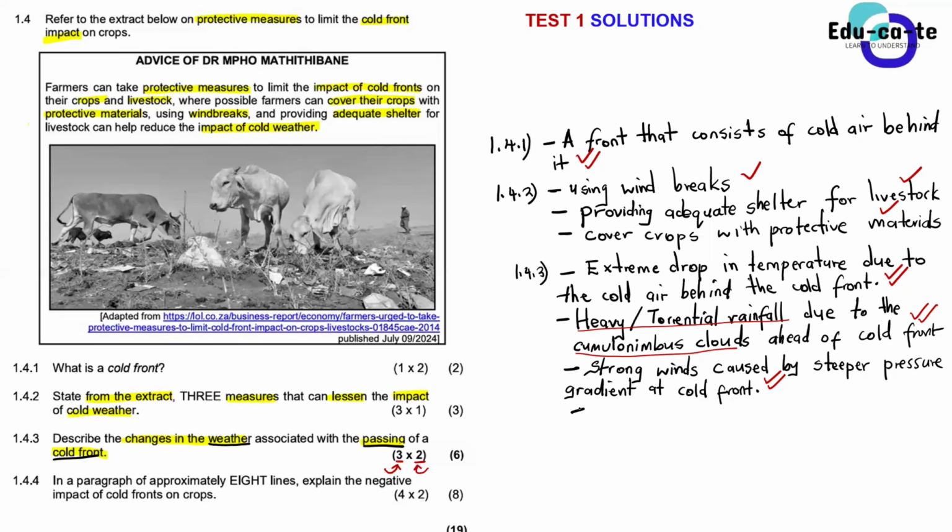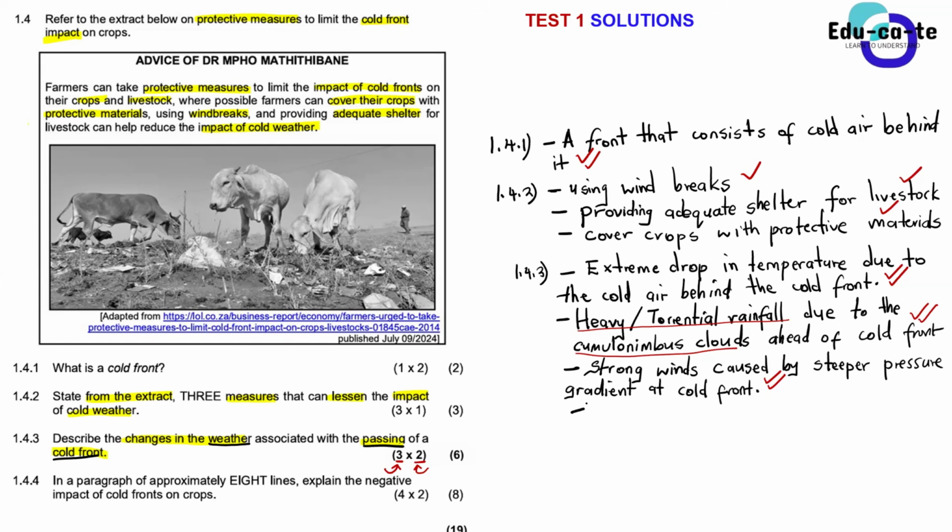So the cloud cover will increase. Okay, yes, cloud cover. We usually don't use the word increases. We usually say that it is overcast. So when there's a lot of clouds in the upper atmosphere, we usually use the term overcast.